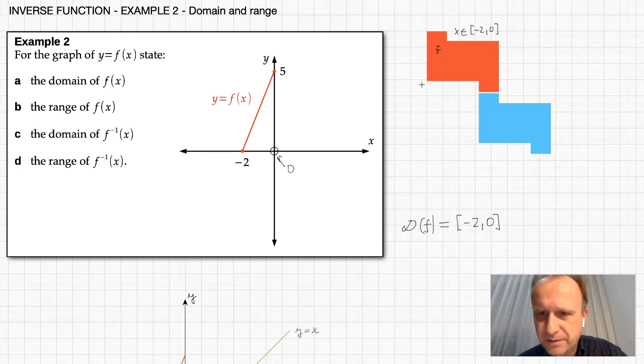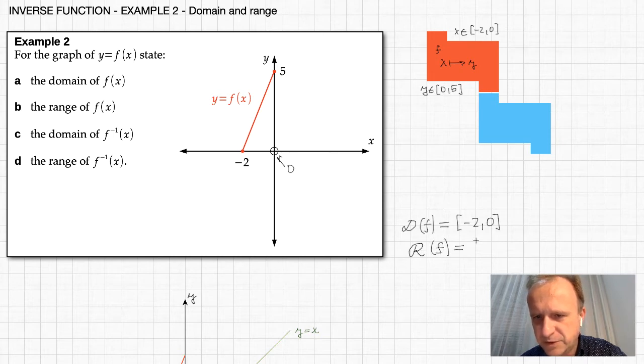So the y values that appear here at the output, those values are from the interval from 0 to 5, and therefore this interval is the range of the function f.